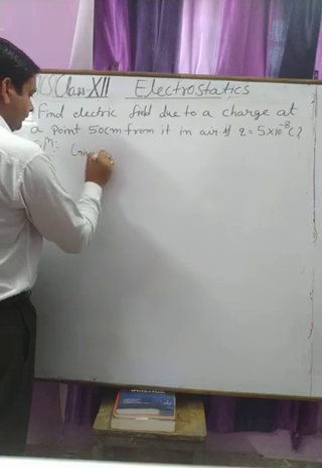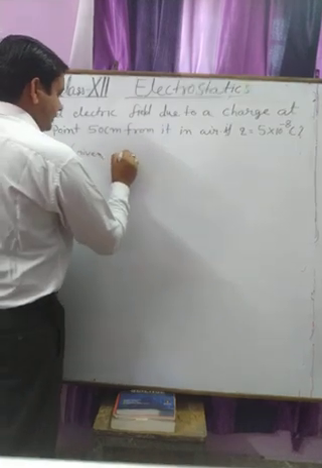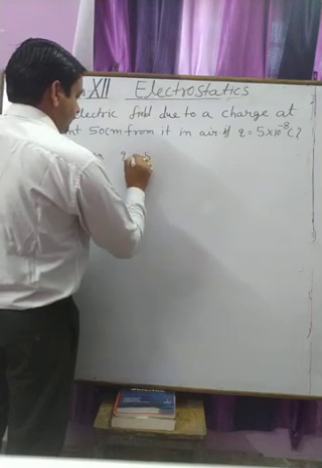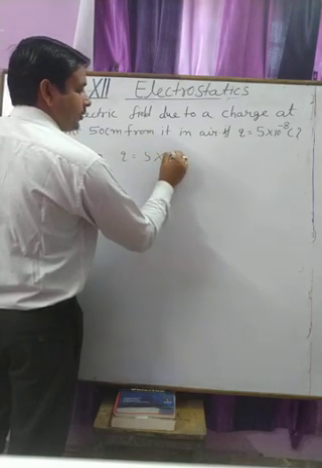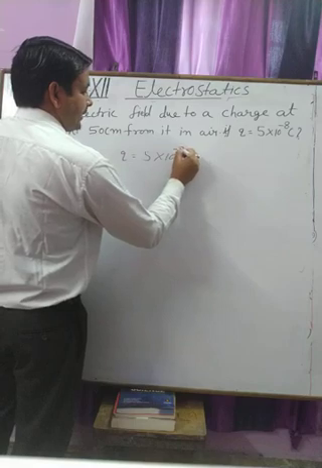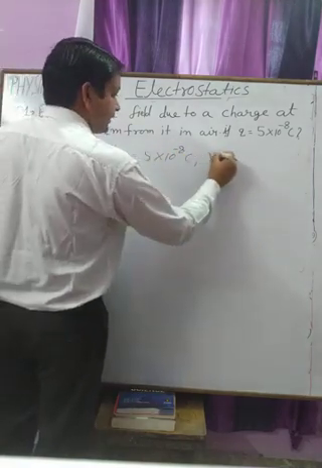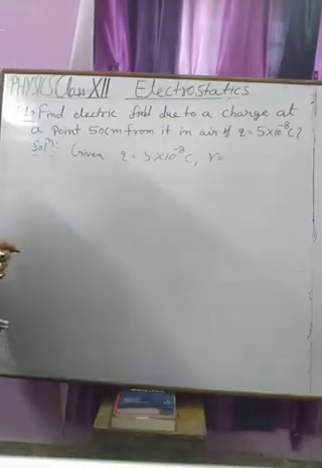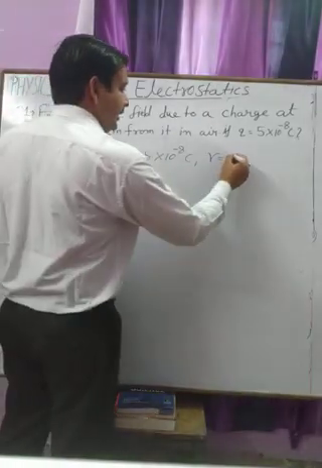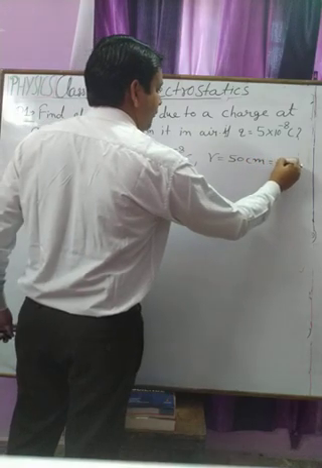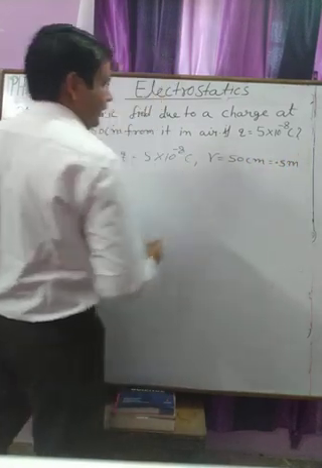Given is q is equal to 5 into 10 to the power minus 8 coulomb, and the distance at where we need to calculate the electric field is 50 centimeter. We are using this as 0.5 meter only.